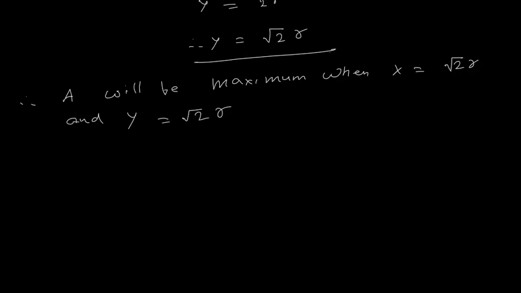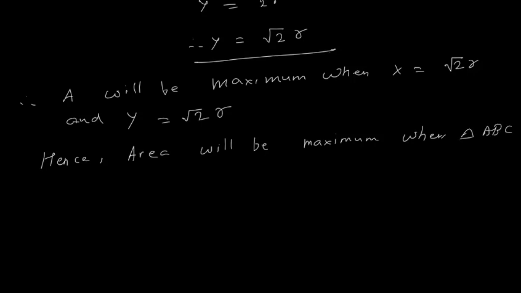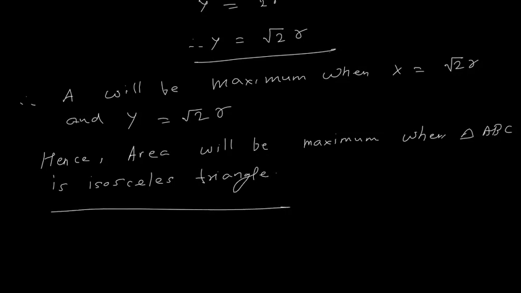So hence I will say that area will be maximum when triangle ABC is isosceles triangle. Right? Simple. So again this problem is related with second derivative test. Yes? Okay. Now let us move to the next question.